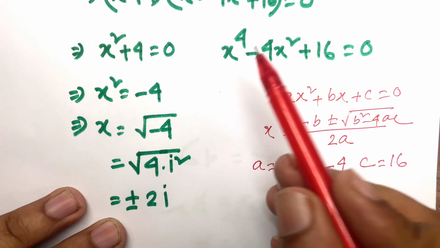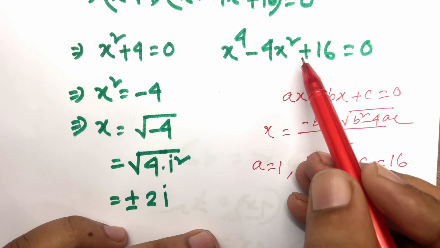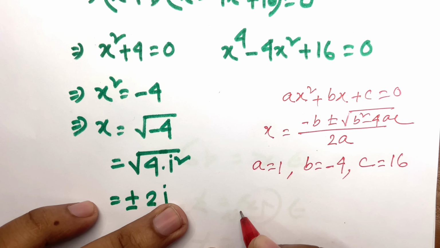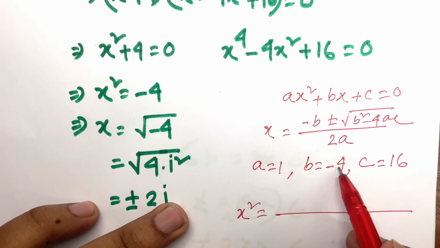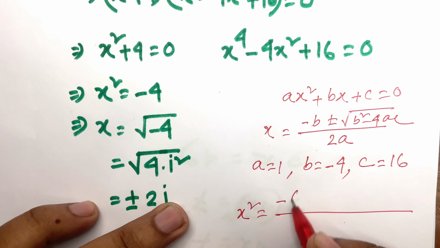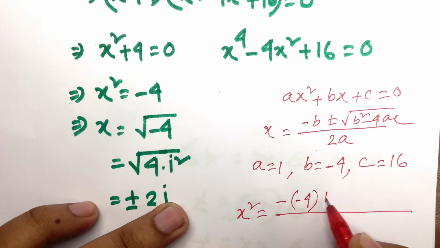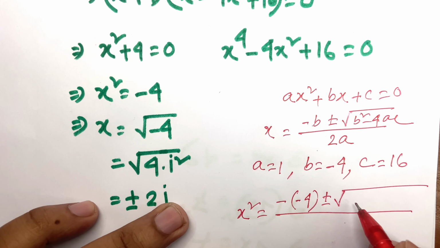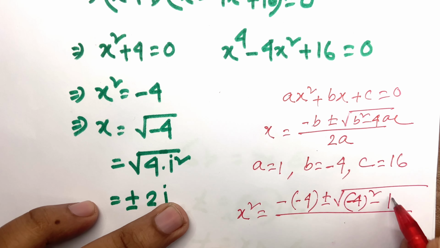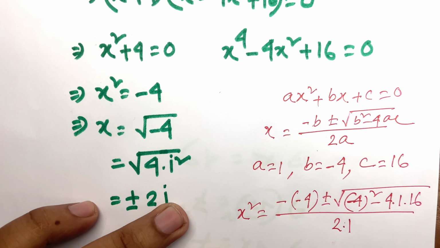Now here is x to the power 4 minus 4x square plus 16, so I can say x square equal to minus b, which is 4, so minus multiply minus 4 plus minus root over b square, so b is equal to minus 4 whole square, minus 4ac, a equal to 1 and c equal to 16, divided by 2a, equal to 2.